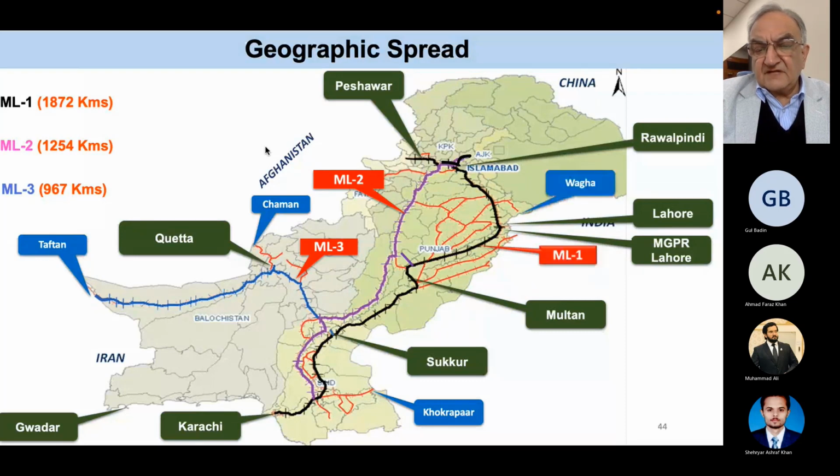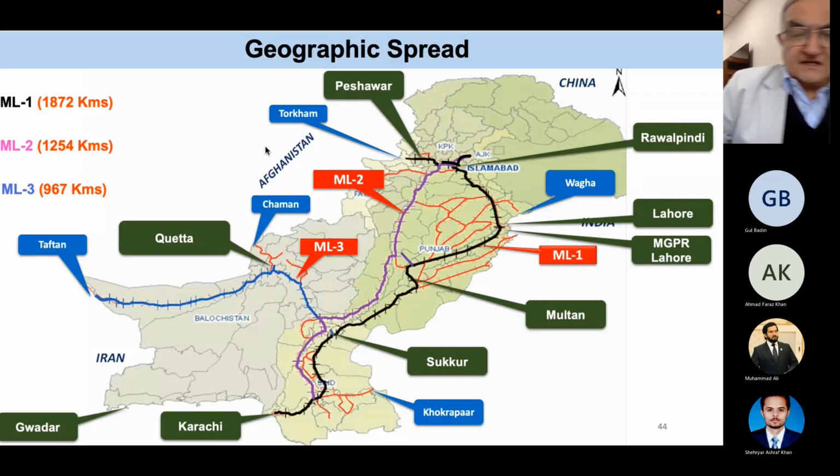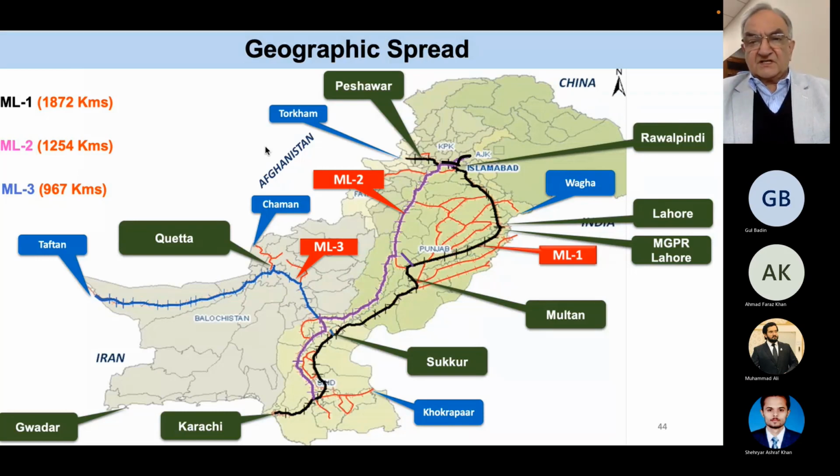Then with India, we have another connectivity at Wagah. There used to be one more also, but that is closed now. You can see these railway lines, these red lines going into India, but now these are closed. So we have one connectivity at Wagah. Trains can come and go, and there's a regular train service going into India. Then we are connected to Afghanistan at Torkham. This railway line goes to Landi Kotal, and it can be extended even beyond into Central Asia.